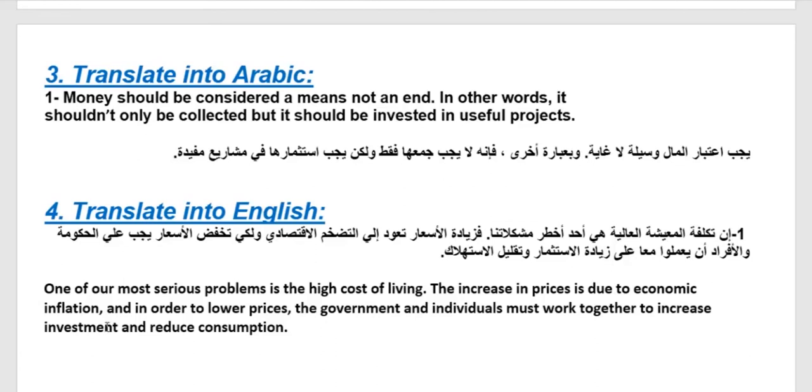And in order to lower prices, the government and individuals must cooperate together to increase investment and reduce consumption.